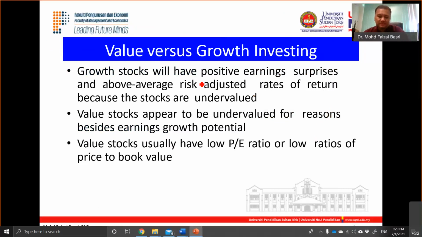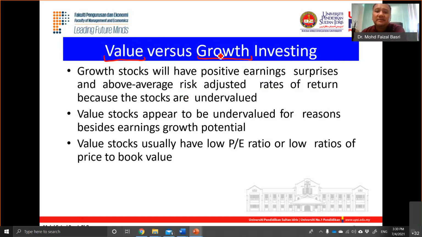So this is something that we need to think of when we try to invest, whether to invest based on value or based on growth. Okay, because usually when we talk about value, this is more on a short-term basis because this value is based on current, whereas growth is for something in the future.